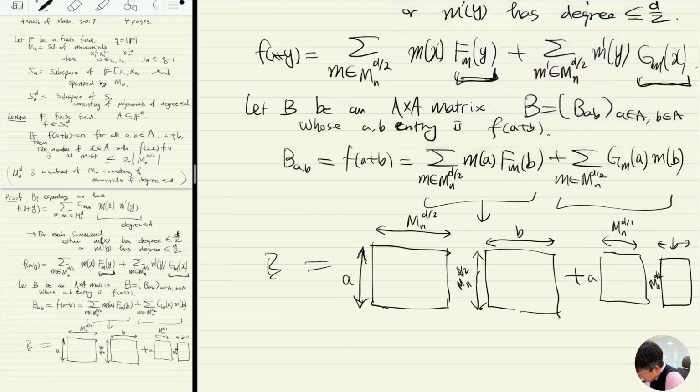First of all, if you look at the AB entry, what is the AB entry? The row of A times that column is going to be the AB entry. This row vector with that is the AB entry, and that is precisely this summation. All right, now what is the rank of this matrix?